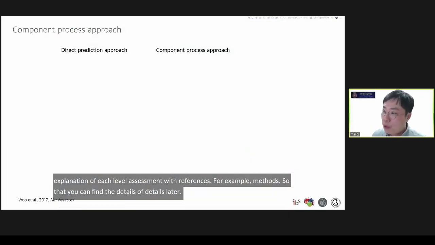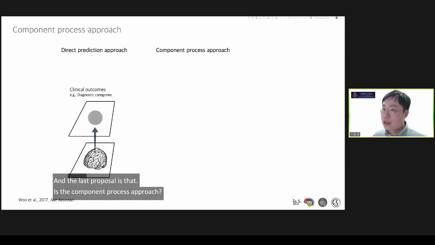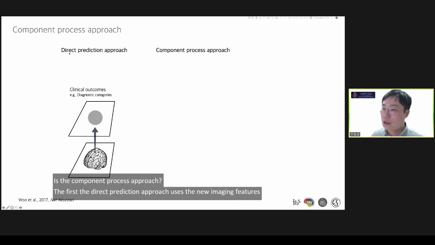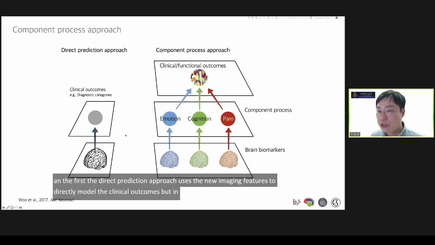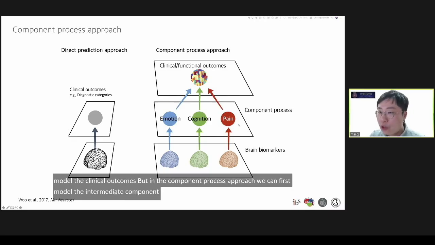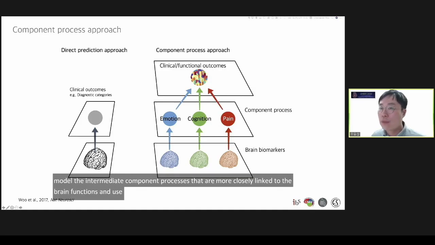And the last proposal is the component process approach. The direct prediction approach uses the neuroimaging features to directly model the clinical outcomes. But in the component process approach, we can first model the intermediate component processes that are more closely linked to brain functions and use them to model more complicated, complex clinical outcomes.